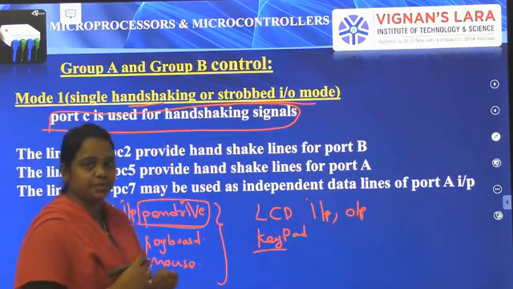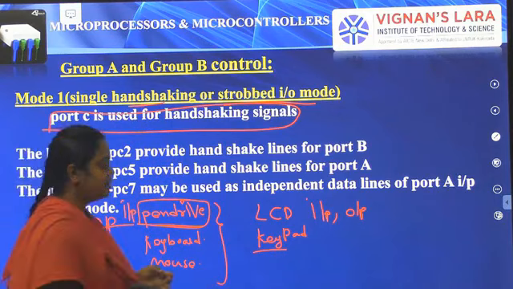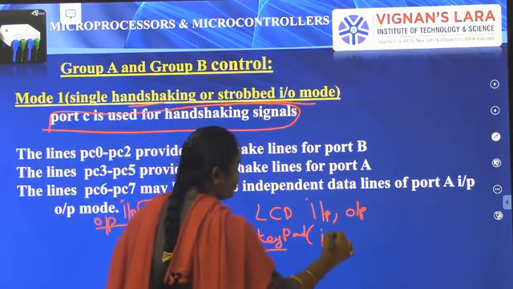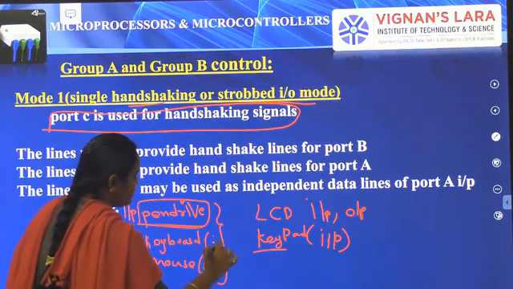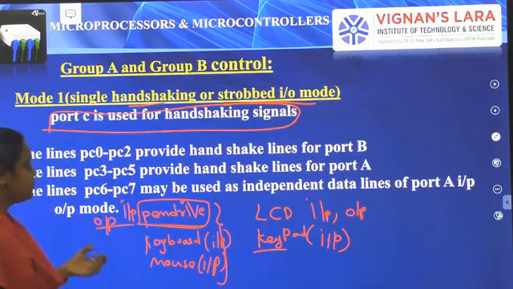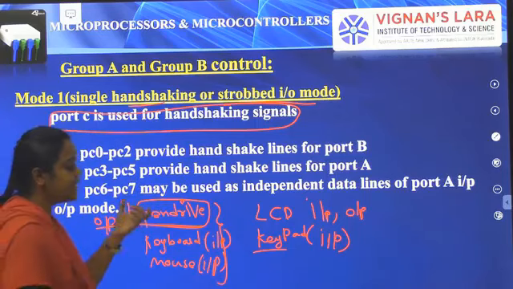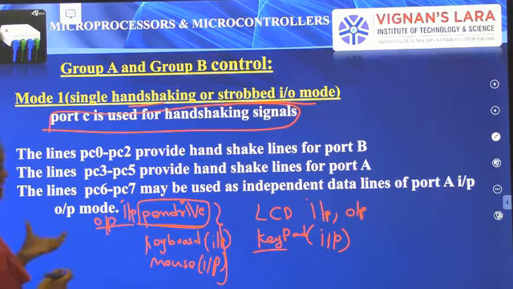Also the LCD display, keyboard, keypad. The LCD display sometimes acts as an input, sometimes as an output. With the keyboard we only provide input, and with the mouse we only provide input. But coming to the pen drive and the LCD, by using the LCD we give input and the system also presents the output on the same LCD. The pen drive also sometimes acts as an input, sometimes as an output.